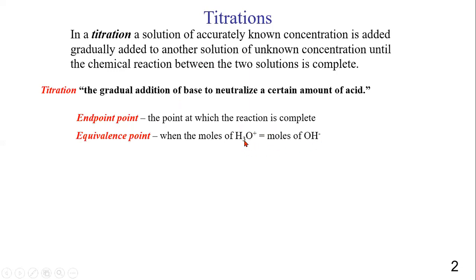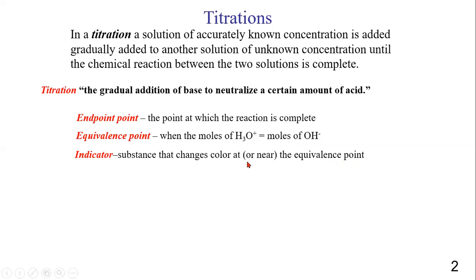Or if it's not a strong acid, if it's a weak acid, the amount of moles of the weak acid is equal to the moles of the base used to neutralize that acid, which is usually a strong base. An indicator is a substance that changes color at or near the equivalence point.